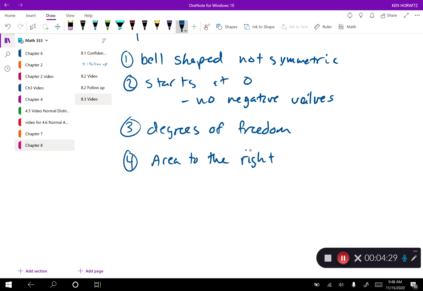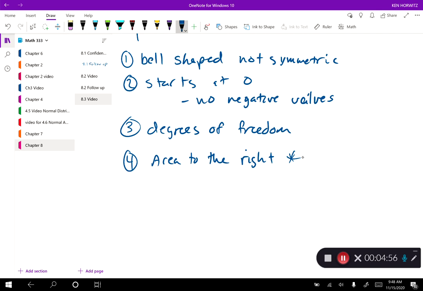In our other two distributions and tables, we always got area to the left, and then we had to do 1 minus to get area to the right. The chi-square is going to give us area to the right, which is a very key difference and one that you definitely need to keep in mind. At this point, I just want to jump in and learn how to get some of the chi-square values.